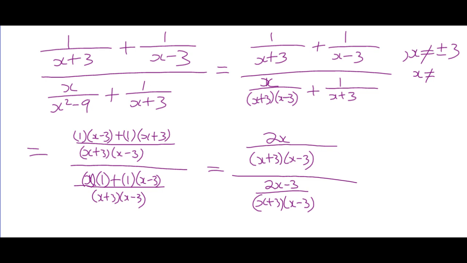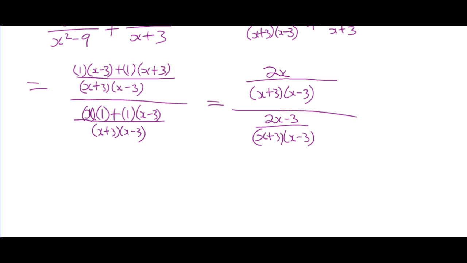And then I would be dividing by 0, so 2x minus 3 can't be 0, so x can't be 3 halves. If x were 3 halves, this expression would become 0, which would make the denominator 0, which would make the whole thing undefined.